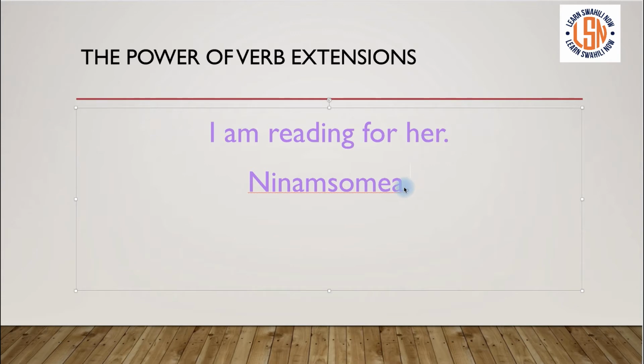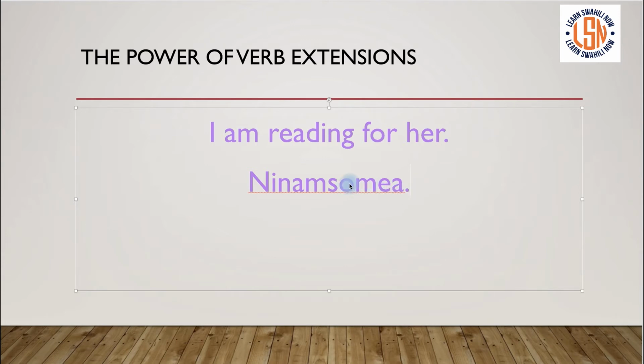As you can see, our verb now has transformed from just simple soma, and now it's somea. However, another thing has changed in this particular sentence. We have the object infix because we're not just reading, we are reading for her. And now we have ni, na, m, somea. Okay? So this is how we render a prepositional verb extension.